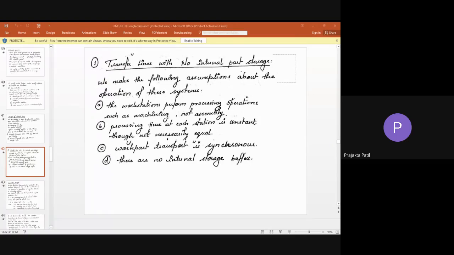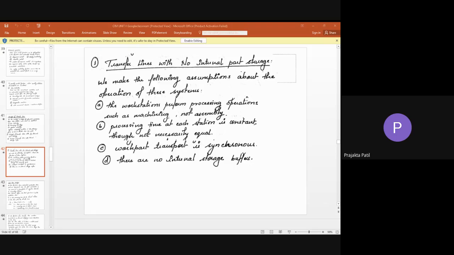In the operation of an automated production line, the parts are introduced first in the first workstation, and then they are transferred to the other workstations in a sequence. There is a fixed interval of time for which they are held at a certain workstation, and there is some time which it takes to move from one station to another. This particular interval defines the ideal cycle time, that is TC, of the production line.